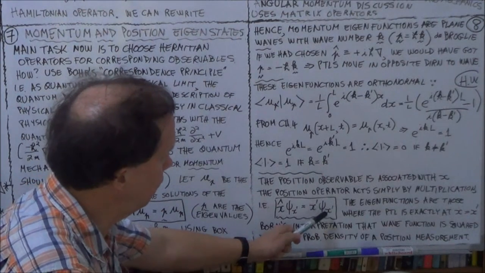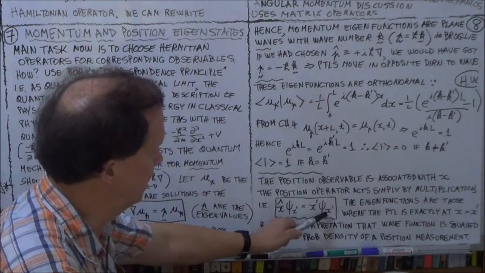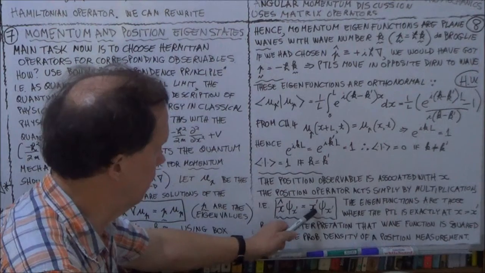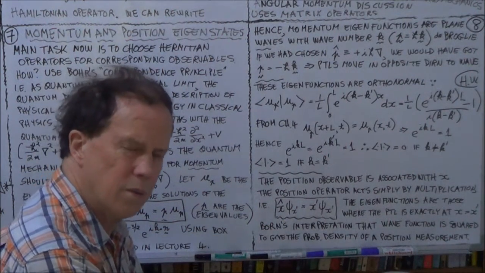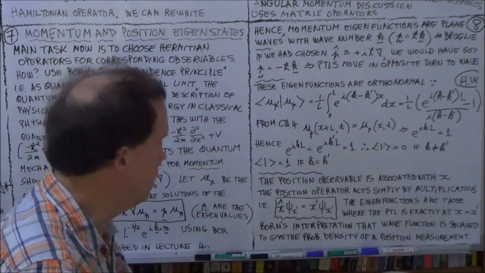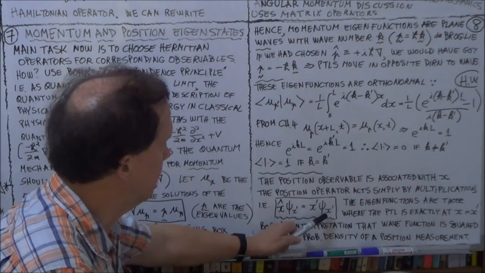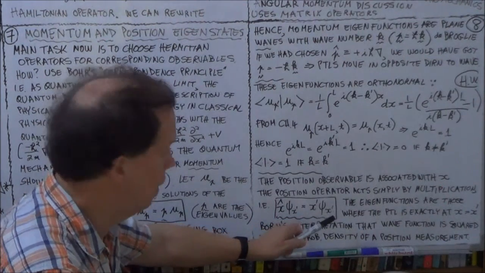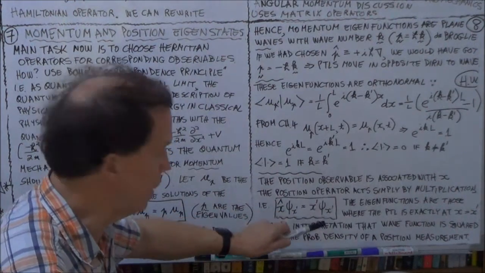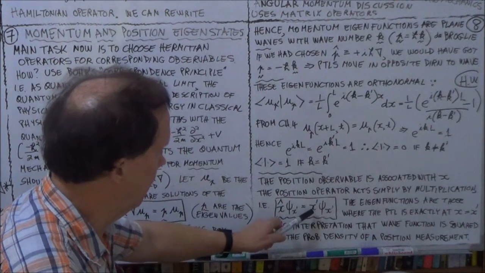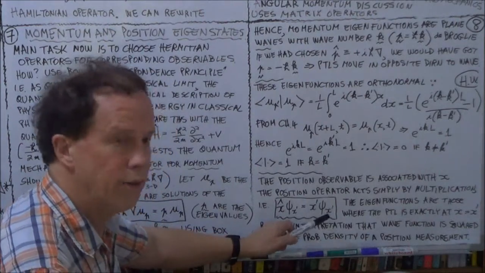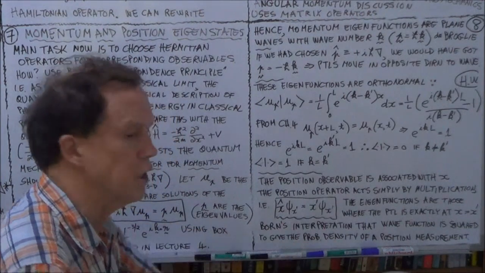But if your wave function is one of these eigenfunctions for position, it gives an exact position. So what does that mean for the probability density function? This eigenfunction says it will have 0 values at all positions except at x'. When x equals x', that's where the particle is, and this wave function will be 0 everywhere except at x equals x'.